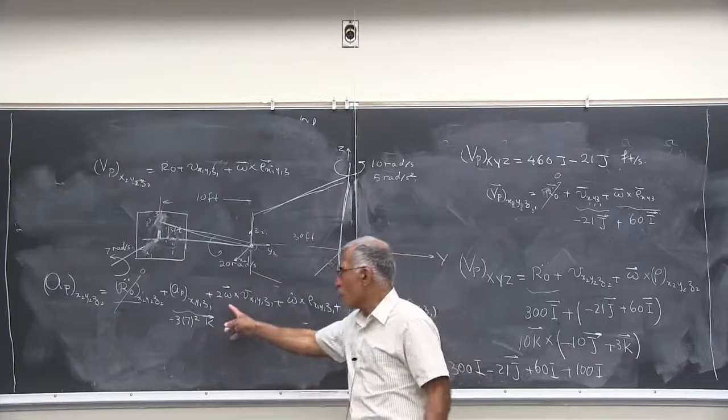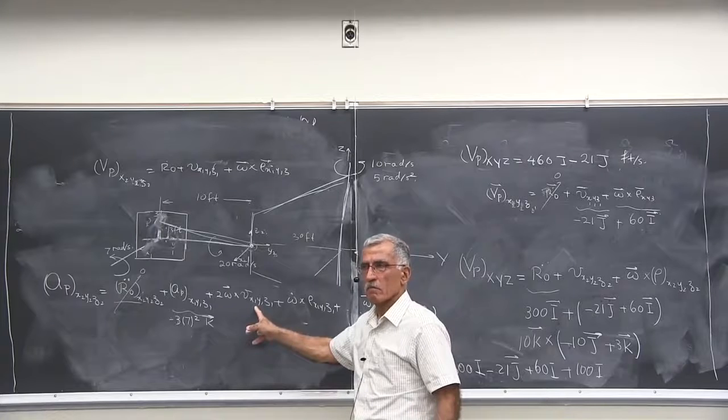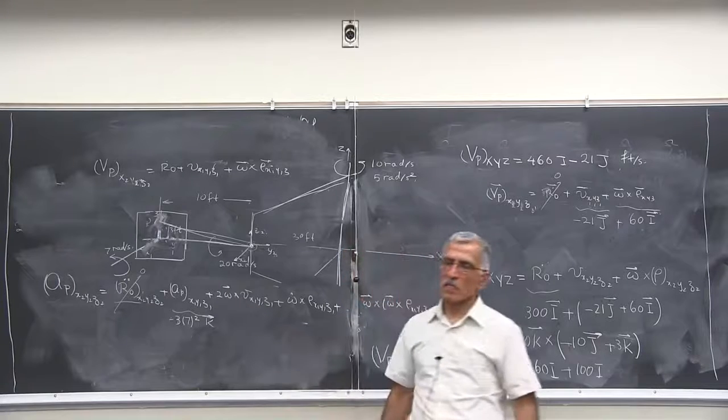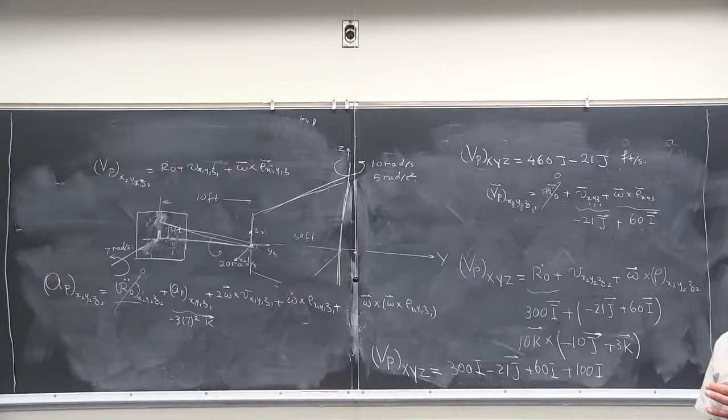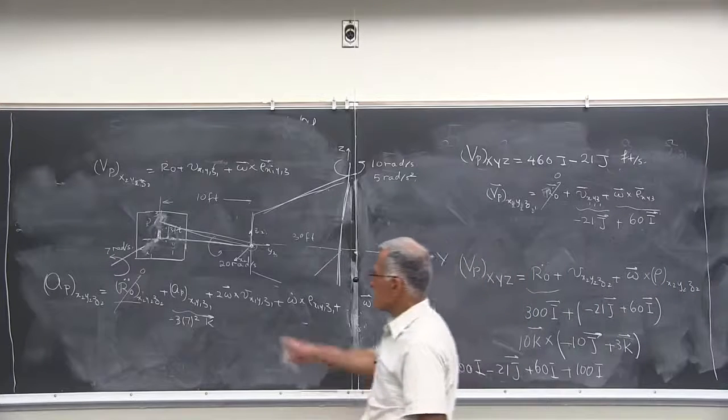Now you do have 2 omega times v x1, y1, z1. What is this omega? It's the omega that the auxiliary reference frame is being twisted by.